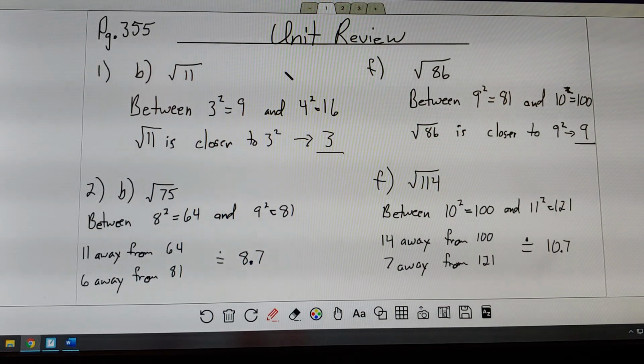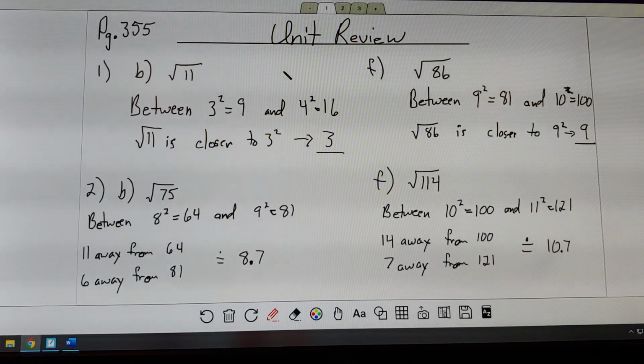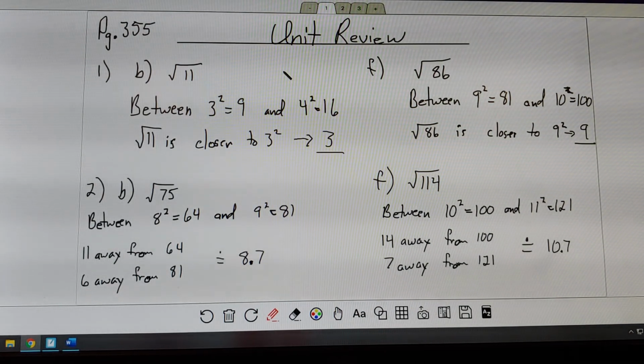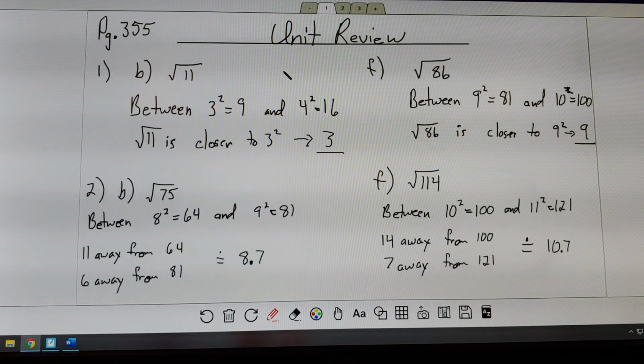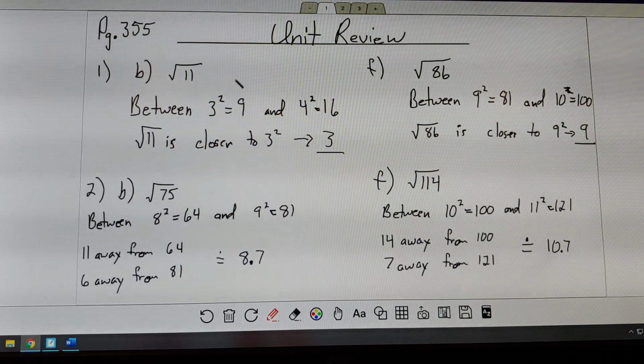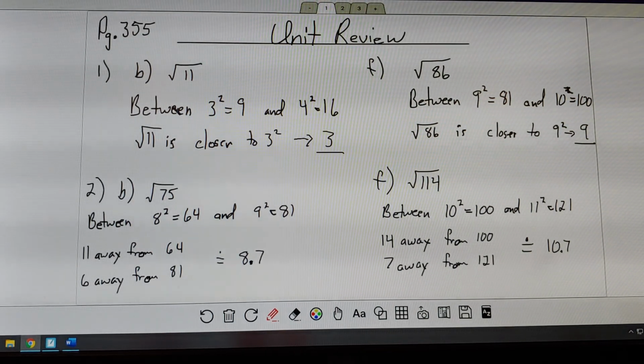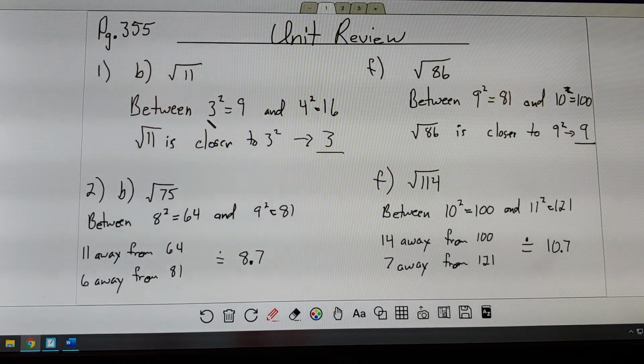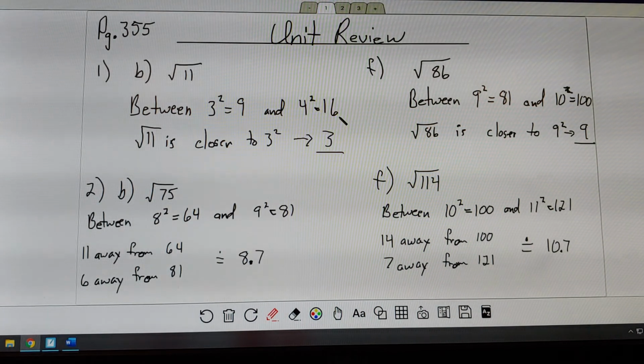So square root 11. And again, the key with estimating square roots is just knowing your perfect squares. Okay, so which 2 perfect squares is square root 11 closest to? Well, 3, its perfect square is 9. 4, its perfect square is 16.